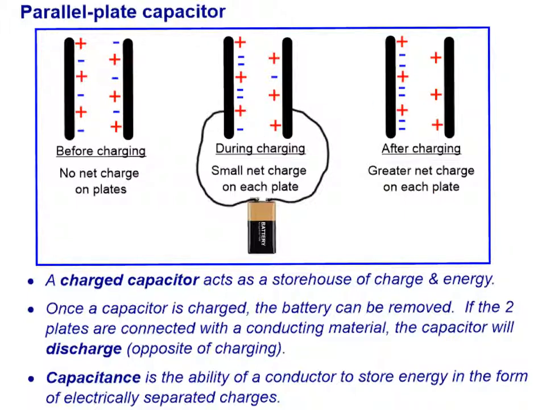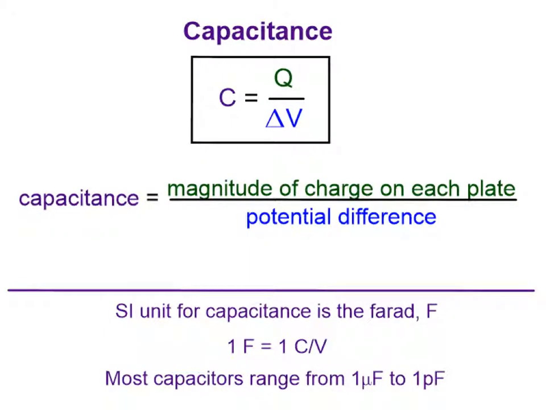So a way to think about capacitance: capacitance is the ability of a conductor to store energy in the form of electrically separated charges. Mathematically, capacitance is equal to the magnitude of the charge on each plate divided by the potential difference.